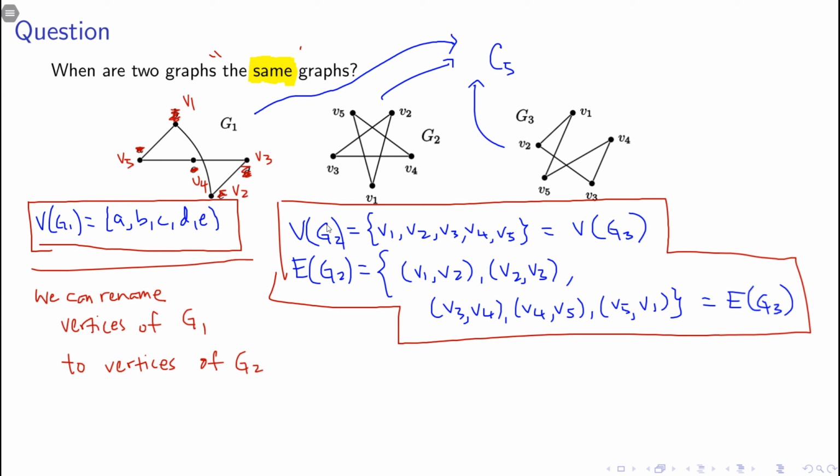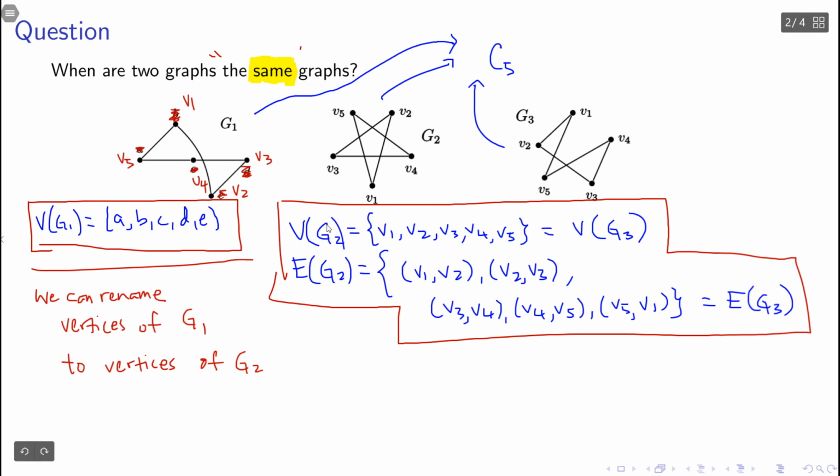And so now they're equal if I do that renaming. 1 is connected to 2, V2 to V3, and so on. And you get the exact same edge set. And so notice that the way I renamed these vertices made it so that the edge sets became equal automatically.